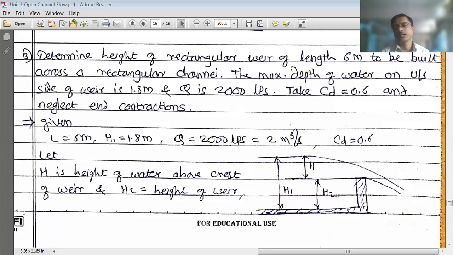So use that formula and find out the capital H. And once you get this capital H, subtract it from the H1, that is 1.8, and you will get the value of H2. Everyone understood this? Shruti, have you understood? Yes. Okay. Solve this and tell me the value of H2.